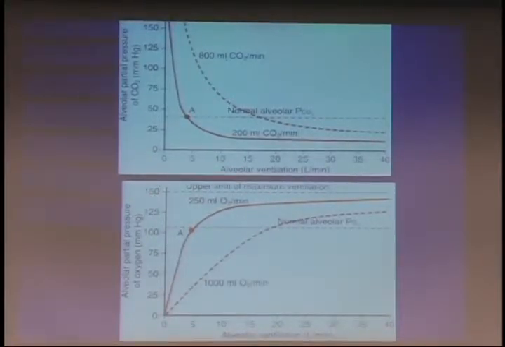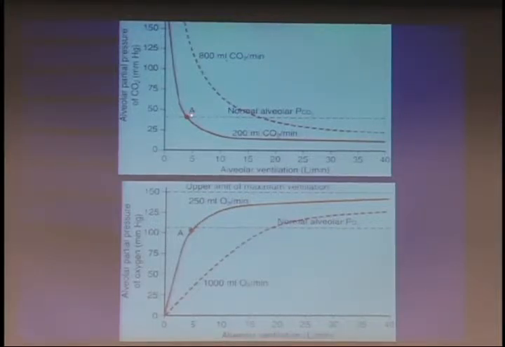So 150 millimeters of mercury is approximately the PO2 in the air in your trachea that's humidified, assuming you're at sea level. So an infinite amount of ventilation would make the PO2 in the alveoli approach the level in the air you're breathing.